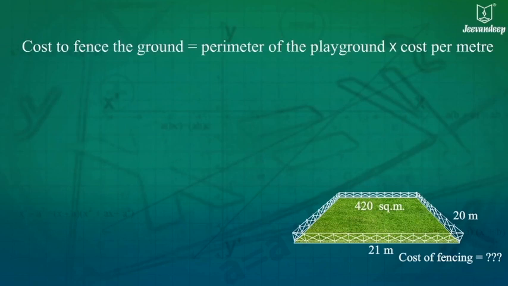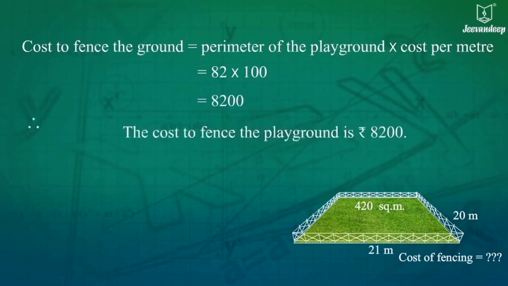Cost to fence the ground equals to perimeter of the playground into cost per meter equals to 82 into 100 equals to 8,200. Therefore, the cost to fence the playground is Rs 8,200.